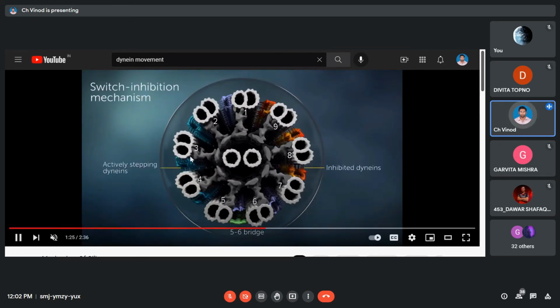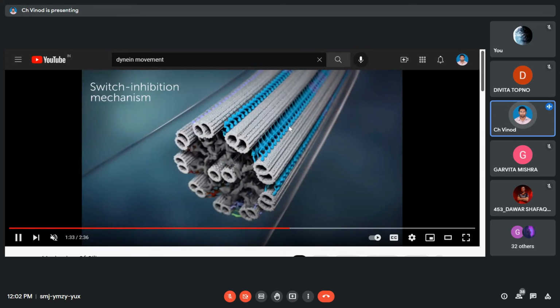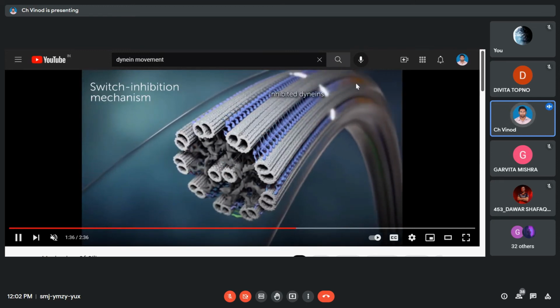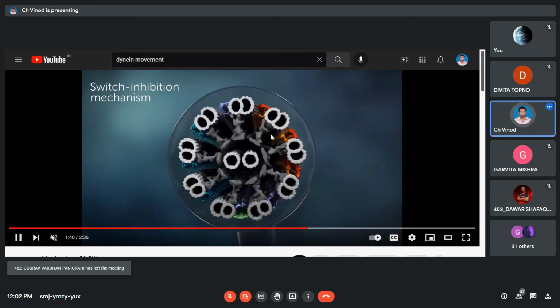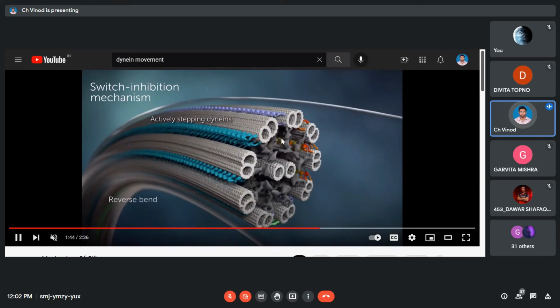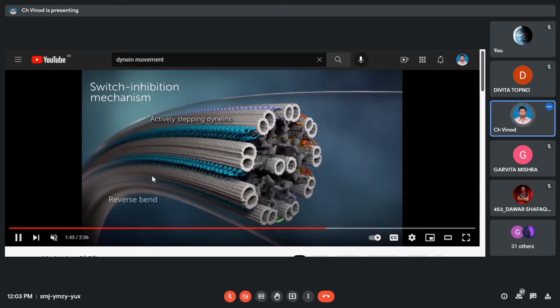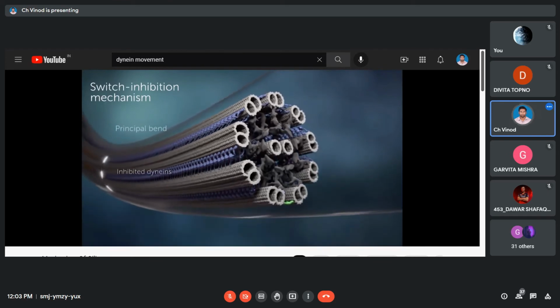Same way, now these are working and these are idle. Now these are working. So when they are working, you can see there is a generation of wave. See, this is the forward bend. Once the forward bend is done, they get inhibited. So this way, alternately, on both sides, you have a forward bend happening and you have a reverse bend happening, and that makes the generation of wave. So you have a crest and a trough.